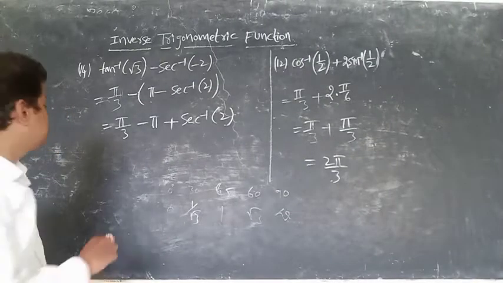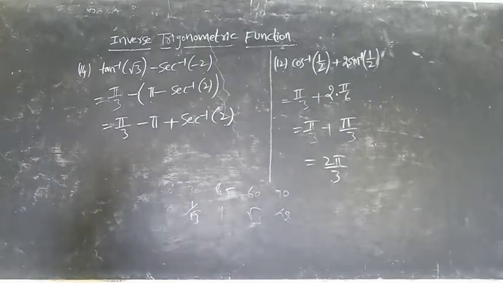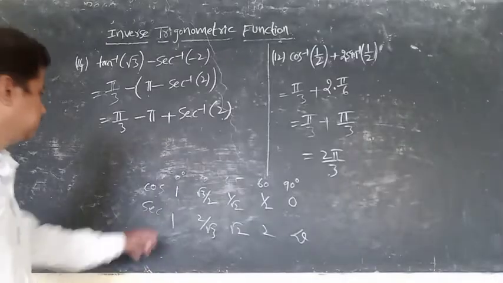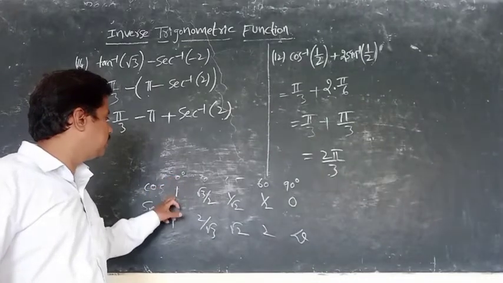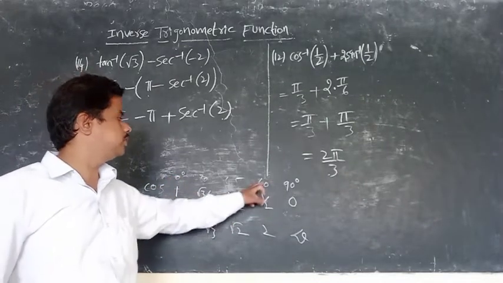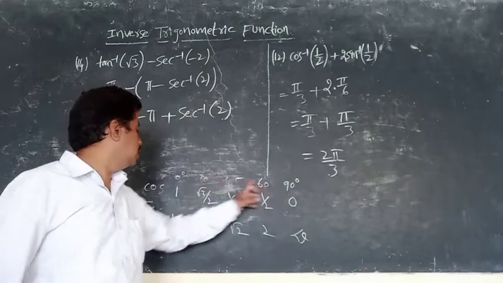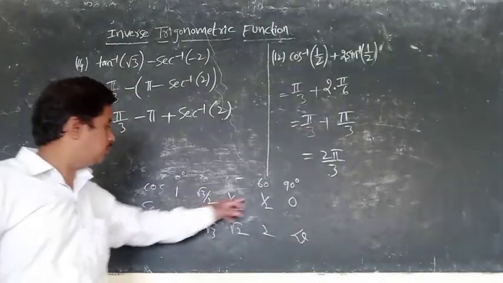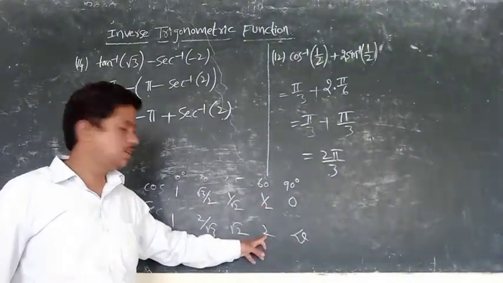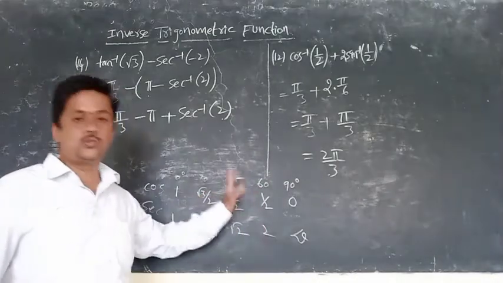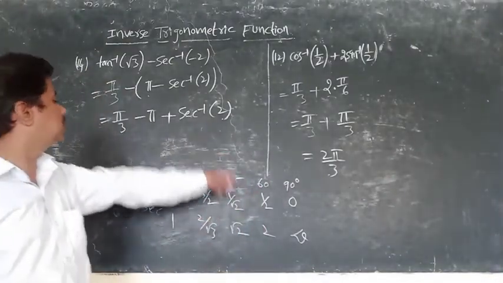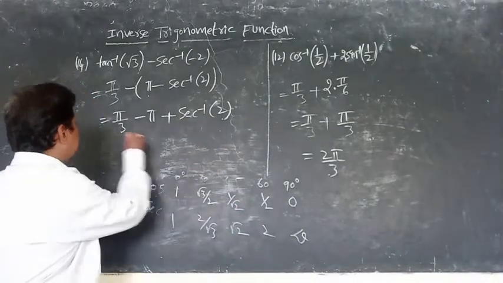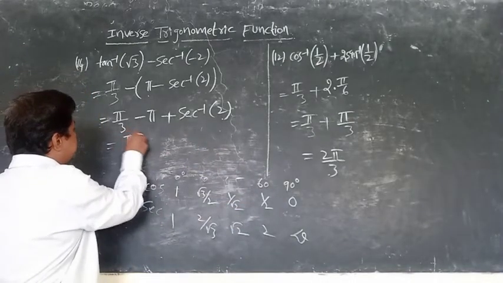What is secant inverse 2? See the cos values: cos 0 is 1, cos 30 is root 3 by 2, cos 45 is 1 by root 2, cos 60 is 1 by 2, cos 90 is 0. Secant is the reciprocal, so secant 60 is 2. So secant inverse 2 is 60 degrees, which is pi by 3.